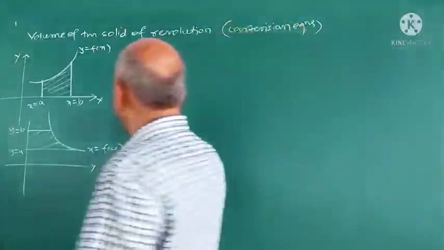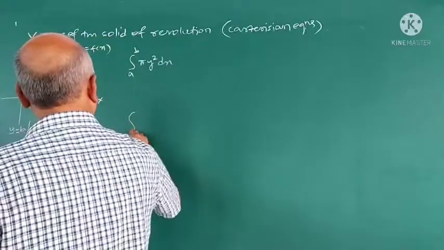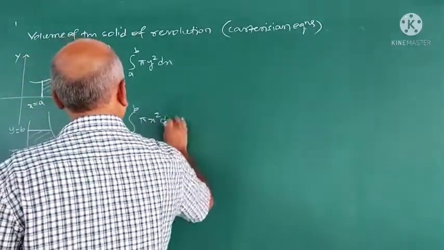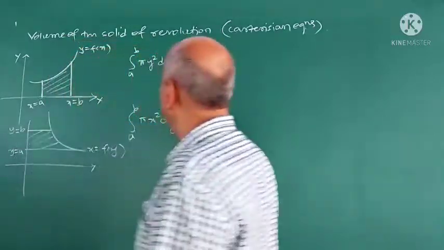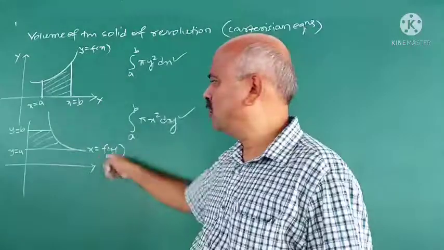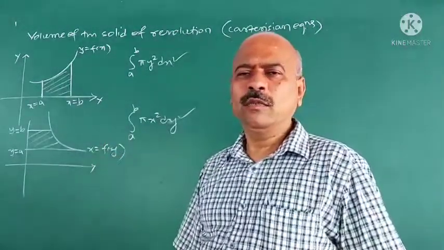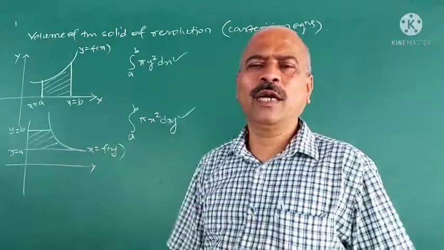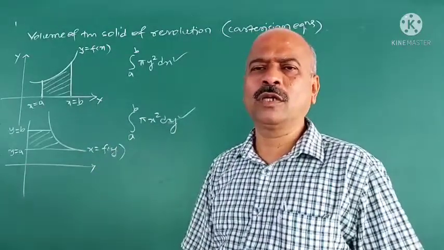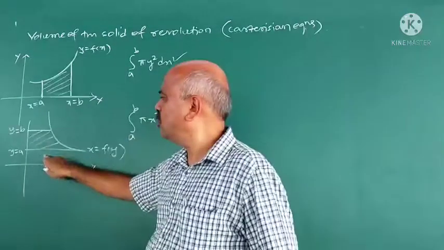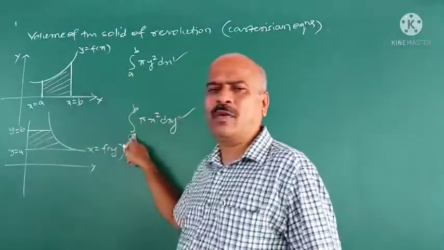Then the volume of the solid thus formed is integral a to b pi x square dy. So there are two formulas: revolution about the x-axis and revolution about the y-axis. Revolution about any line can also be obtained, but that is out of syllabus. You do not have that topic in your syllabus. About the x-axis, about the y-axis, these are the formulas.